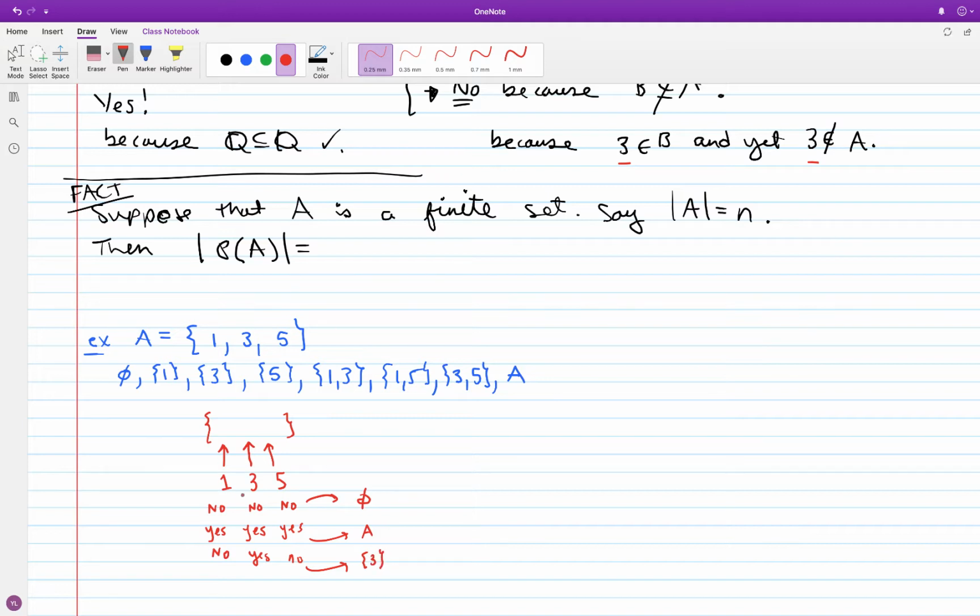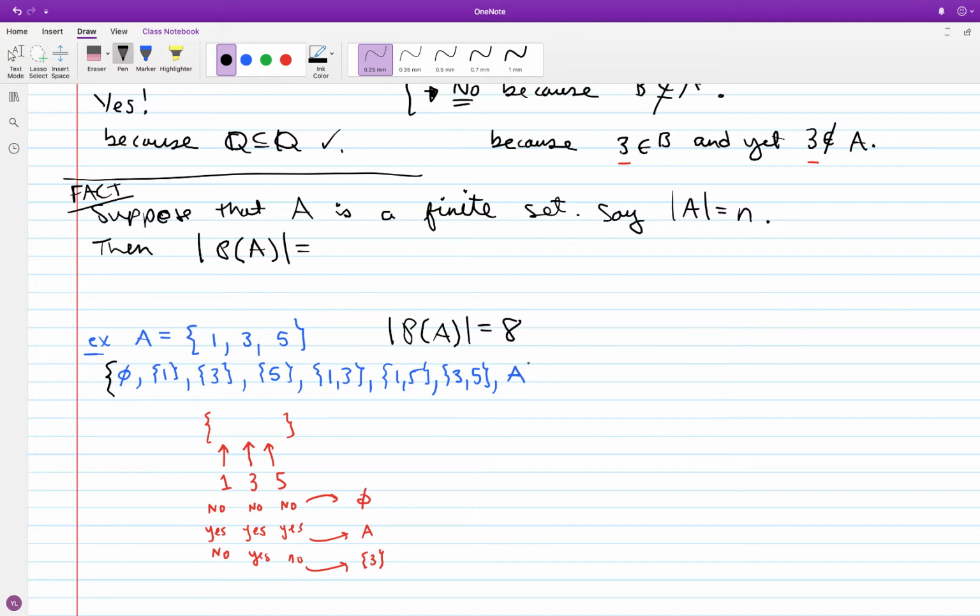So I get the idea that sequences of no's and yeses are in one-to-one correspondence with the subsets of A. So in this way, I have for A, manually, 1, 2, 3, 4, 5, 6, 7, 8 elements of the power set, and A has cardinality 3.